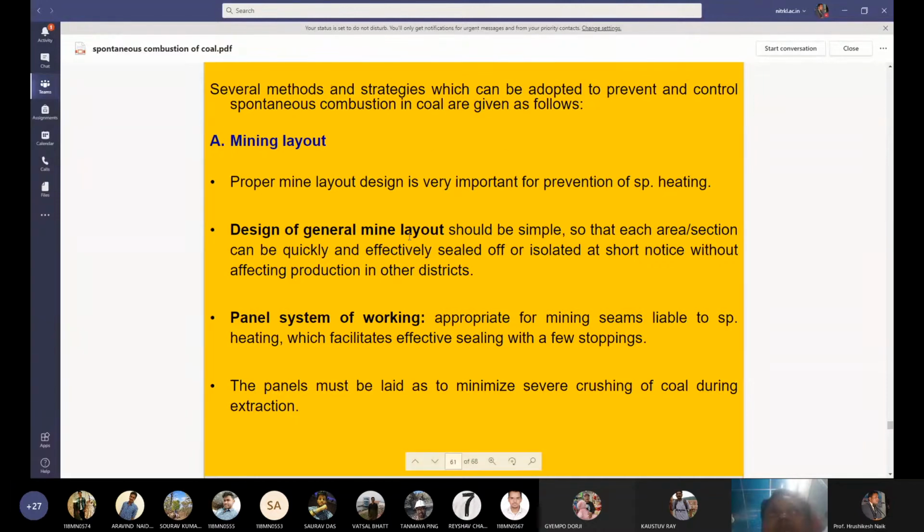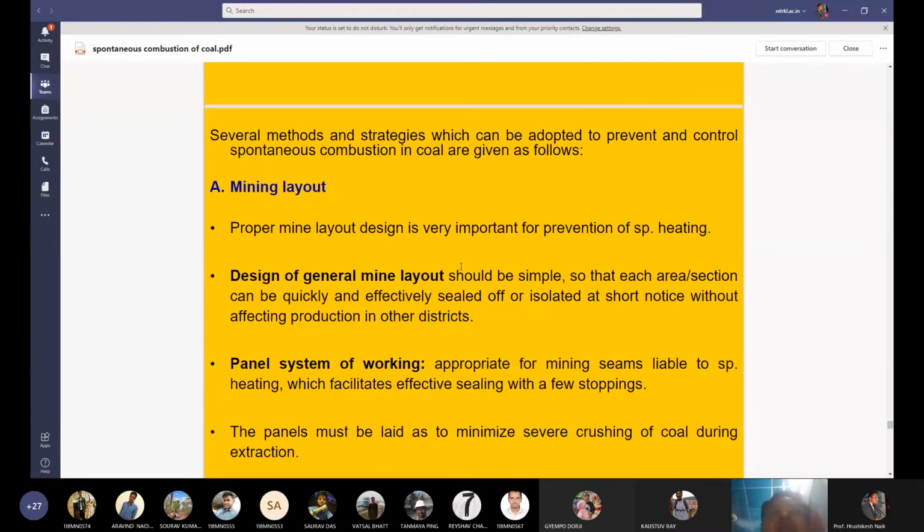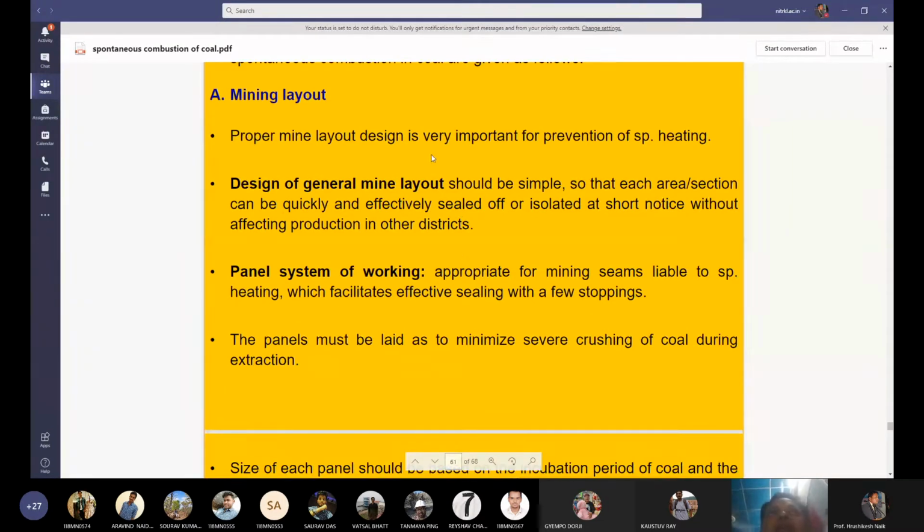One is mining layout. Proper mine layout design is very important for the prevention of the spontaneous heating of coal.